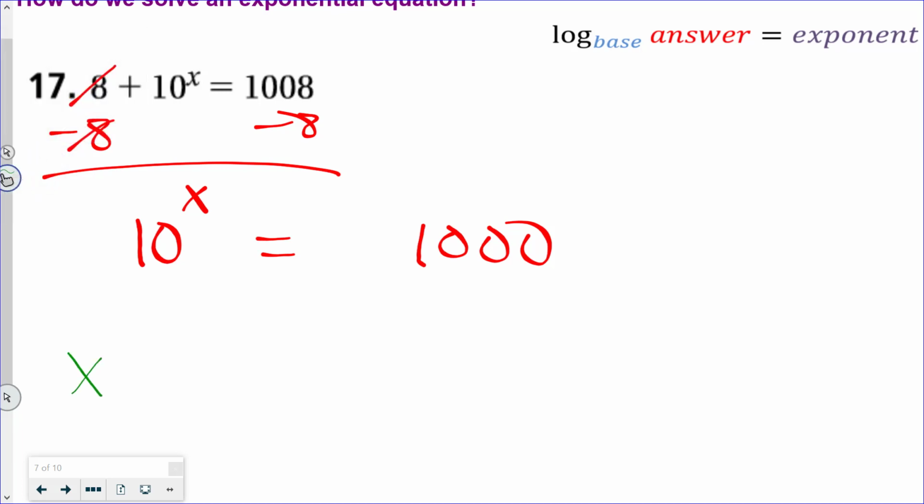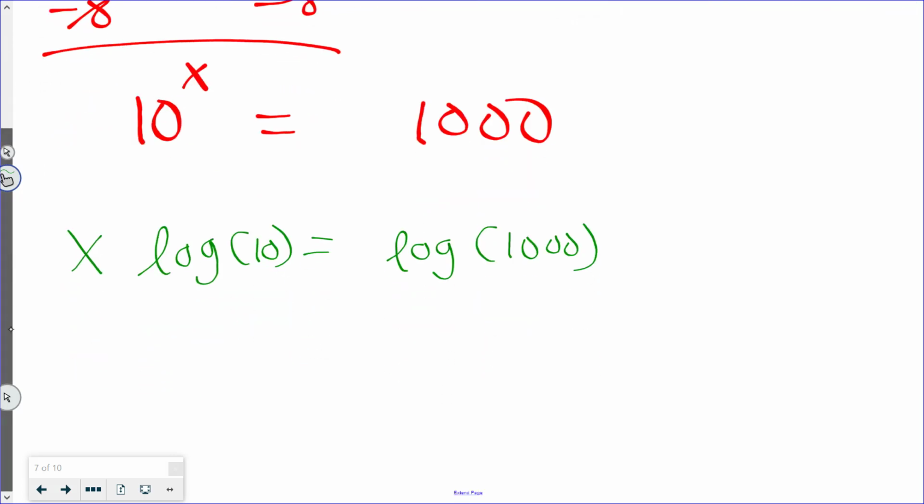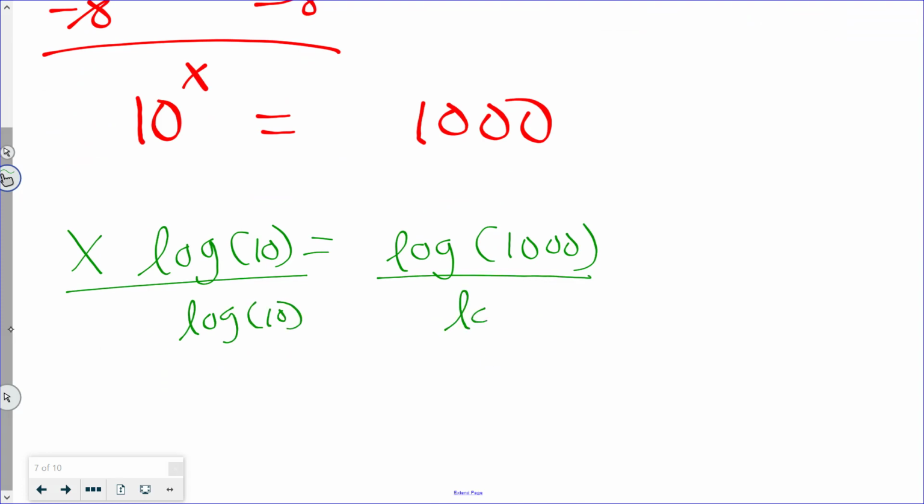Once I bring x down, I write the word log of 10 equals log of 1,000. Divide both sides by log of 10. And x is equal to 3. Log 1,000 over log 10 is 3.